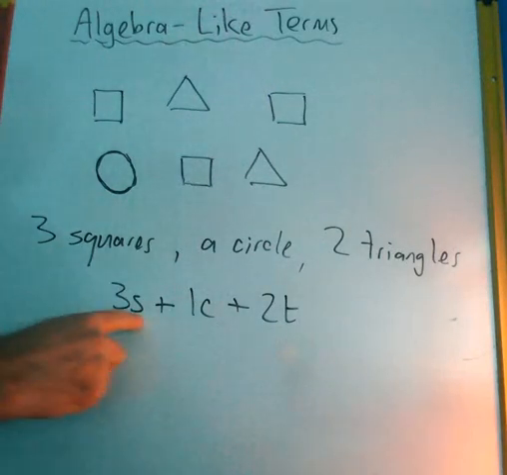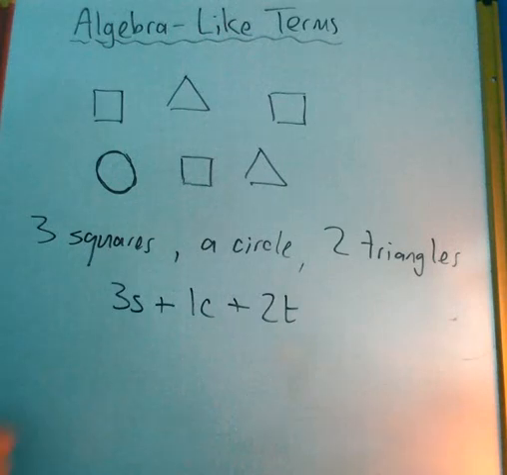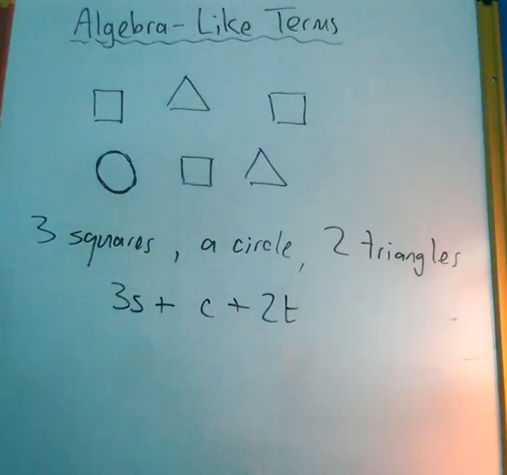I could have chosen any letters to stand for the square, the circle and the triangle, but it makes sense to use S, C and T. So this here is just a list. Now in algebra, if there's one of something, we don't need to put the number in. That is just a mathematical way of saying the same list there.